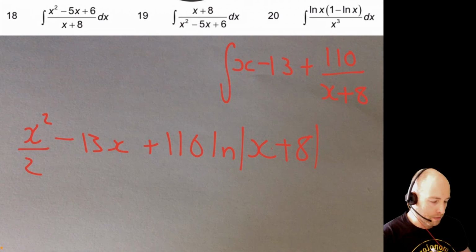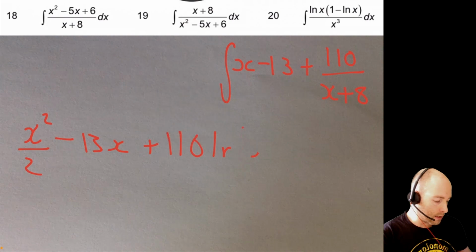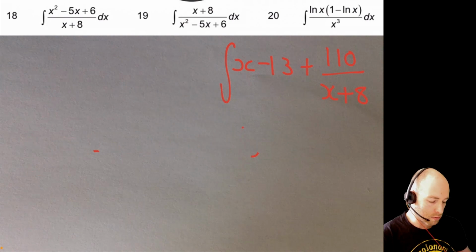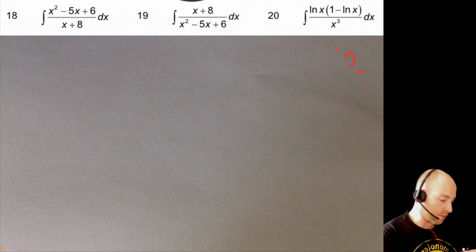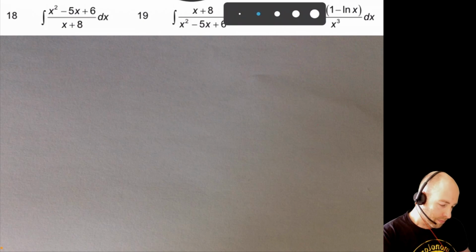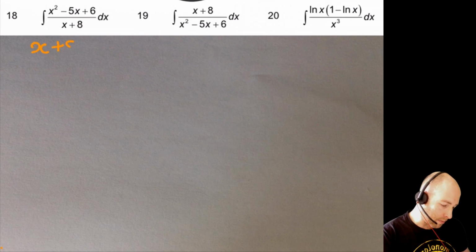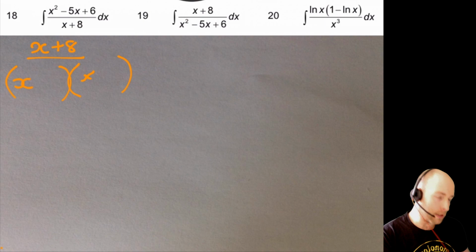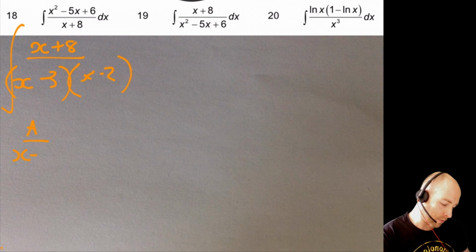You just didn't comment. Okay, 19 is a partial fractions question, which we all love. So x plus 8 over, factorize the bottom. What's it going to be? x minus 3, x minus 2. We get A over x take 3 plus B over x take 2.